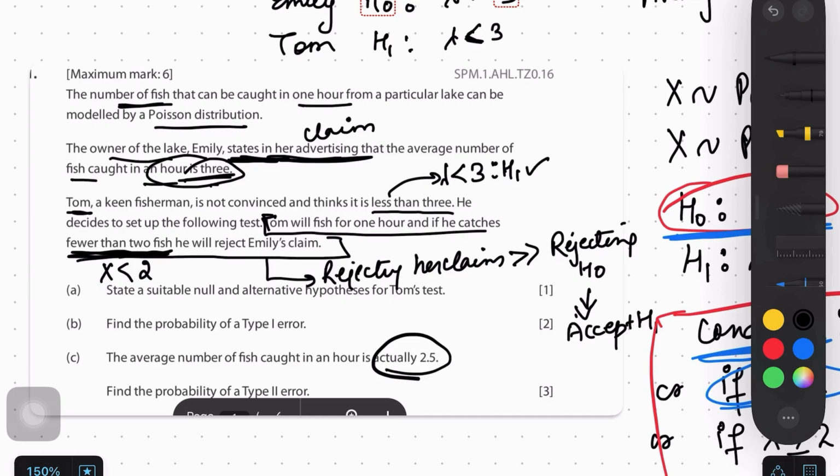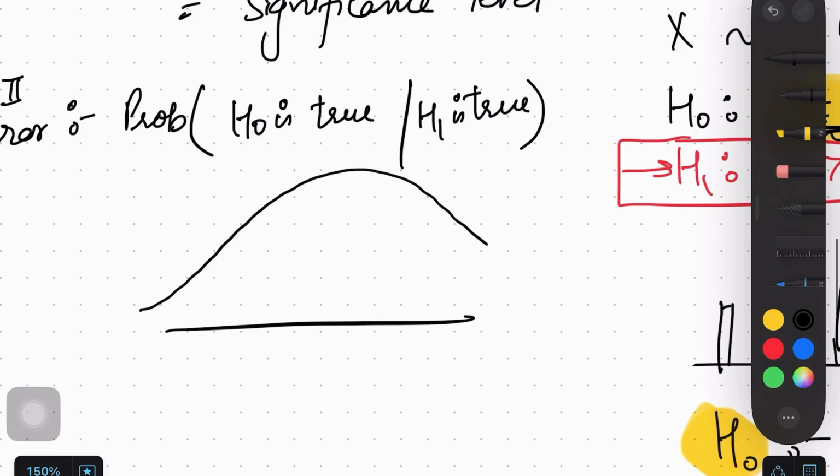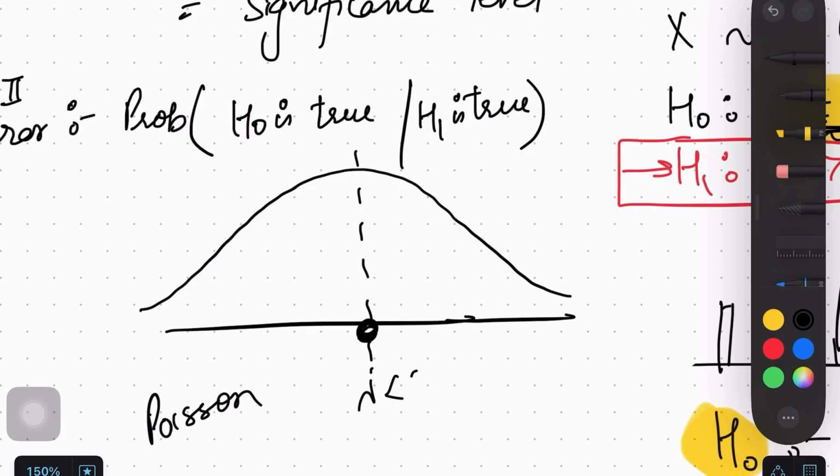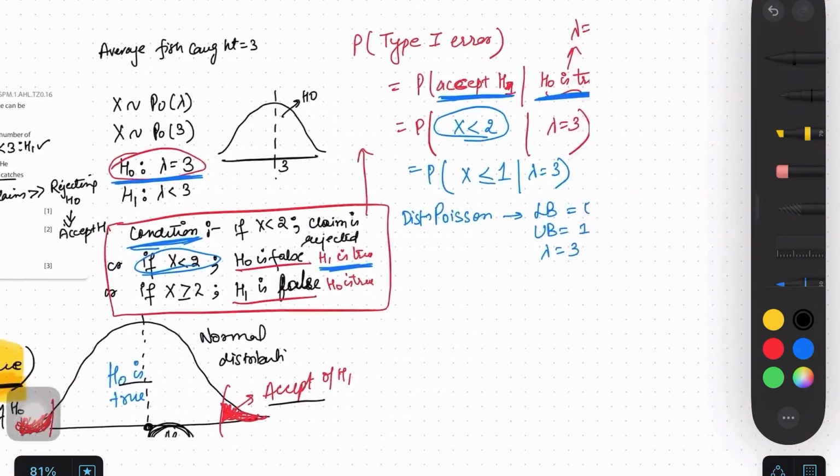Now where is accept H1? Over here. So what's the value of X? The accept H1 is always going to be the claim on the random variable value, either less than or greater than depending upon the question. So here it means X less than 2, and I can say that probability X strictly less than 2 means less than or equal to 1.